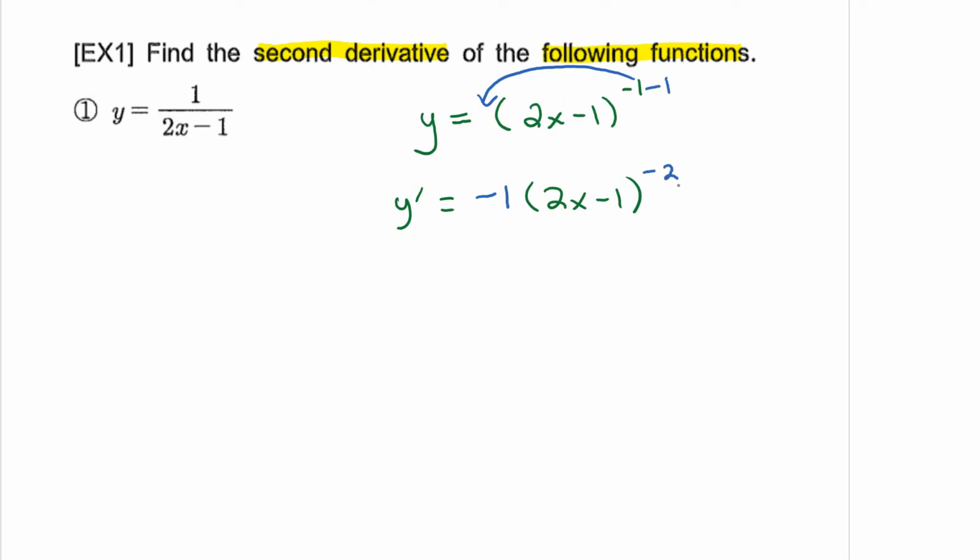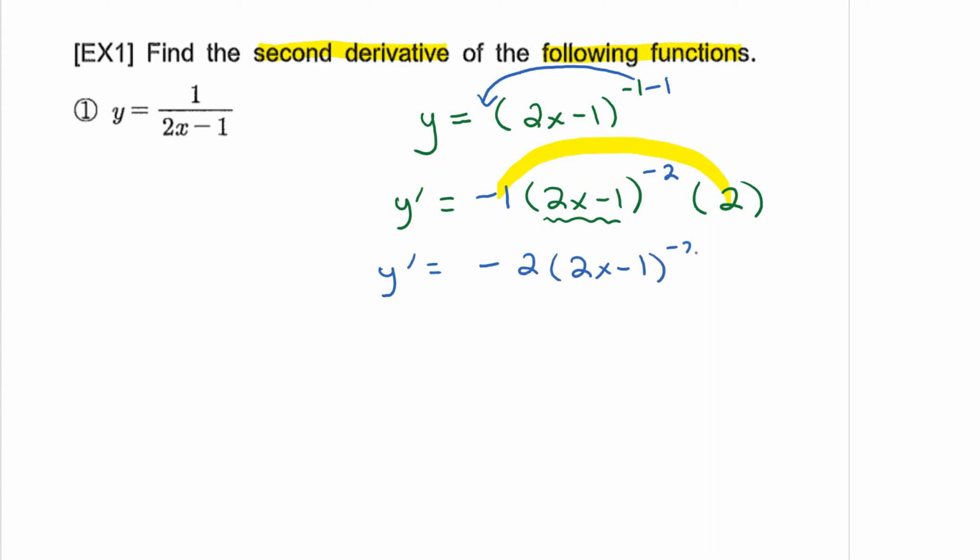so this would be negative 2. And then the chain rule states that I need to take the derivative of the inside guy, and that's going to be 2. If I clean this up, 2 times negative 1 simplified would be negative 2, bracket 2x minus 1 all to the power negative 2.